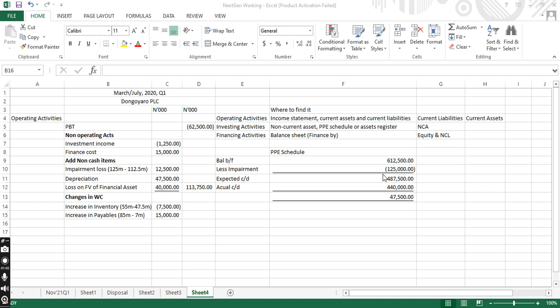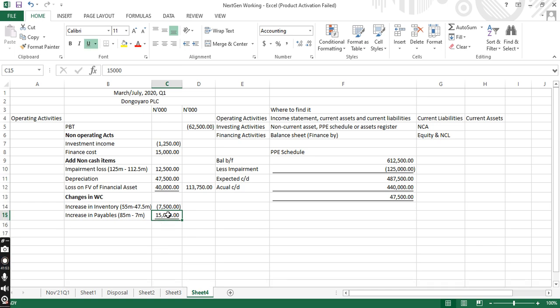Okay, so let's leave that. Now, these are the changes in working capital. In total, what do we have? 7,500 and the rest. Am I right?